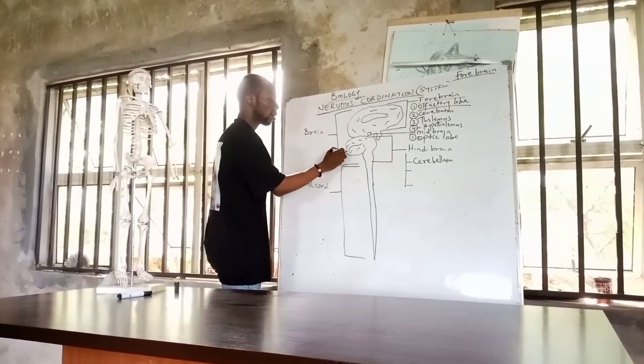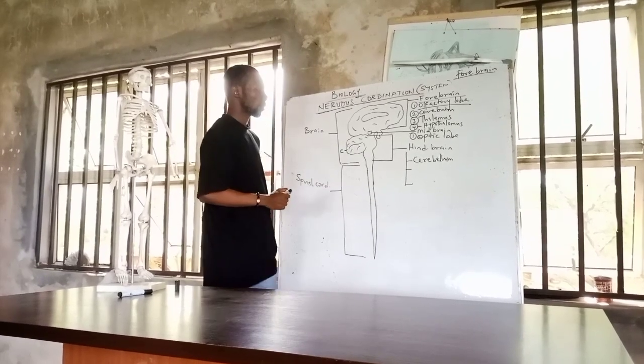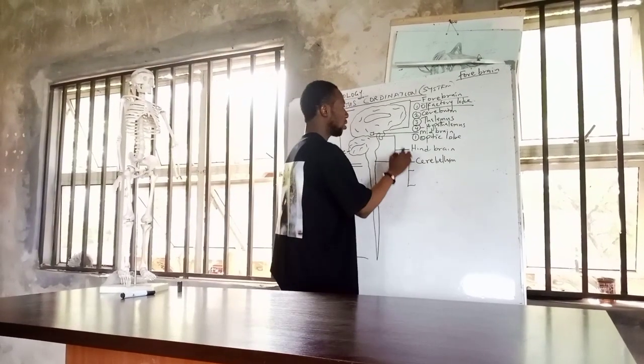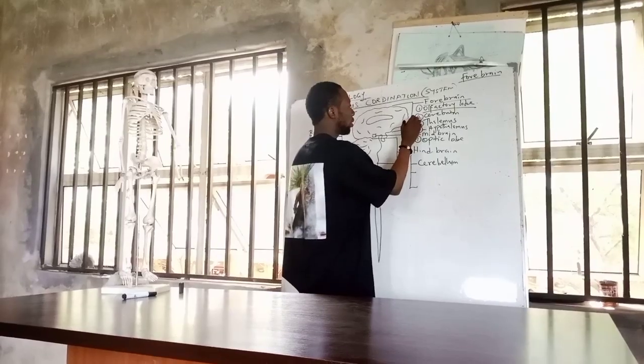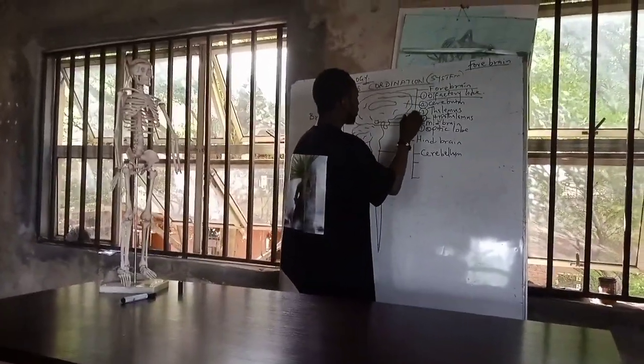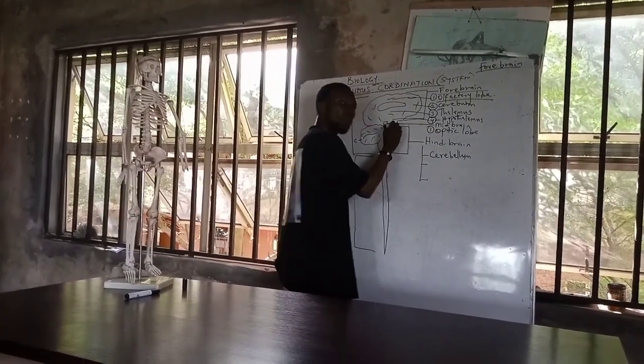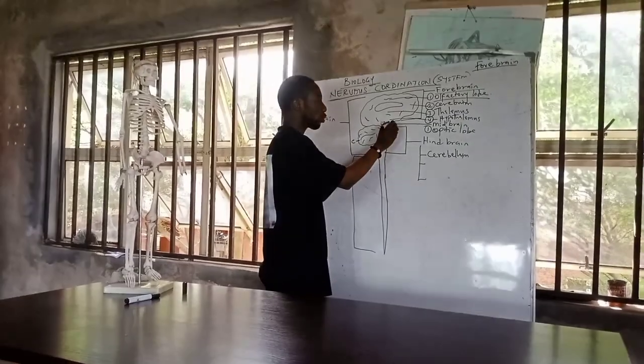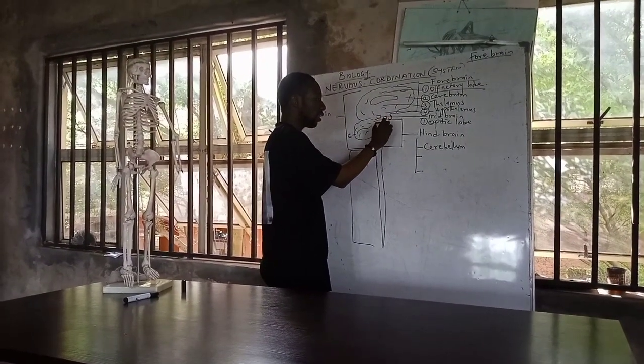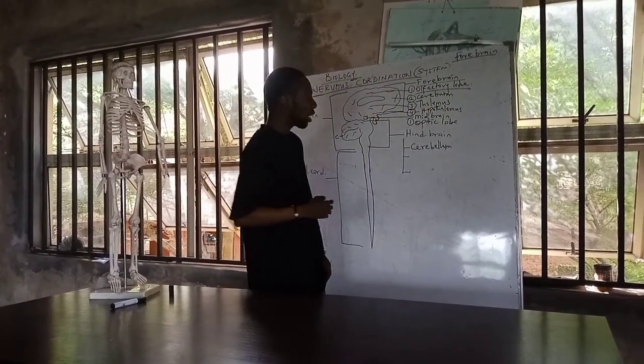This structure here is the cerebellum. The olfactory lobe, the thalamus, the cerebrum, and the hypothalamus is connected to the pituitary gland. This structure here is the pituitary gland. It is connected to the hypothalamus.